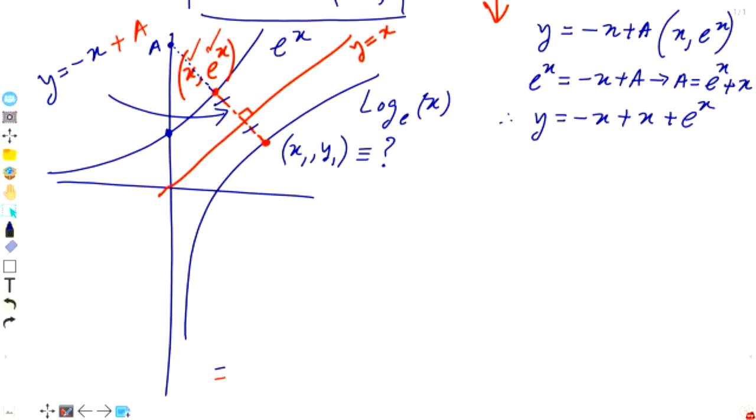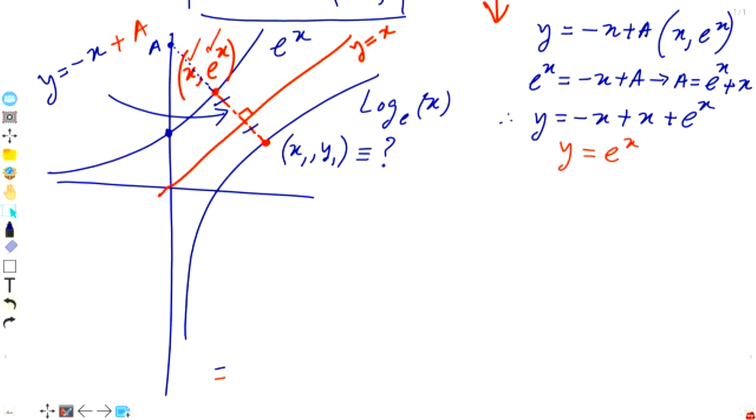It's minus x and plus x there. So y is equal to e^x. Why did that happen?